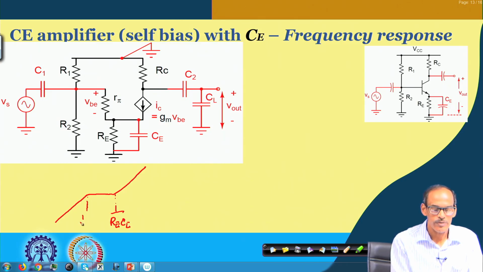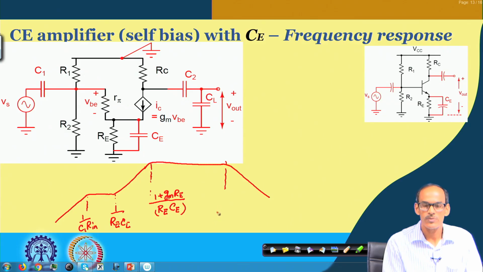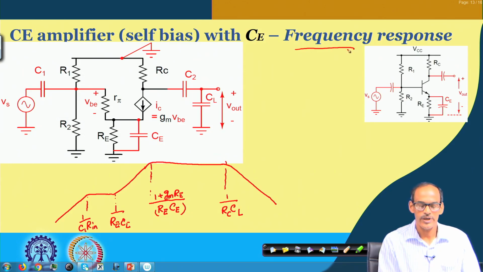This is 1 by C1 and Rin, and then we have a frequency here, which is (1 plus gm into Re) divided by Re Ce, and then we have a high frequency pole, which is coming from 1 by Rc and CL. So, that is the frequency response of the CE amplifier.